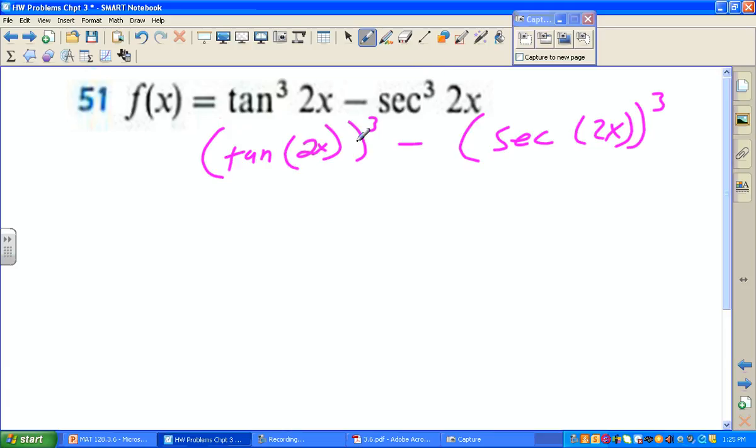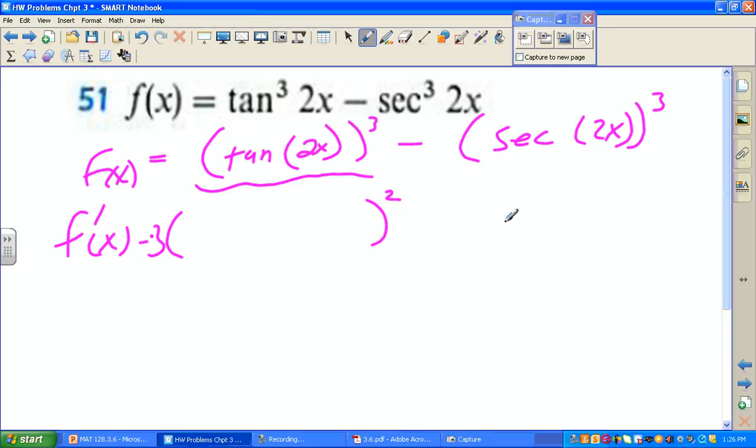Or if you just want to look at it this way, when you take the derivative of f of x, it would be the derivative of the cube function first. So you have a 3 and then a squared. I'm just doing tangent right now. That equals 3.